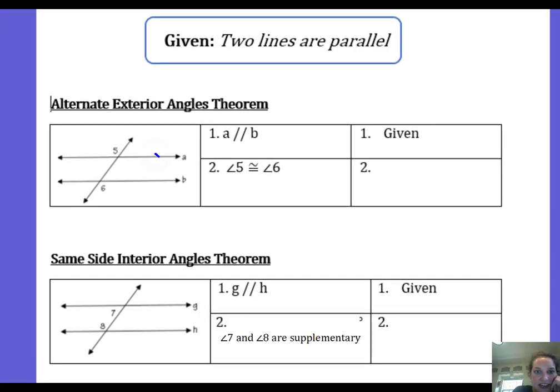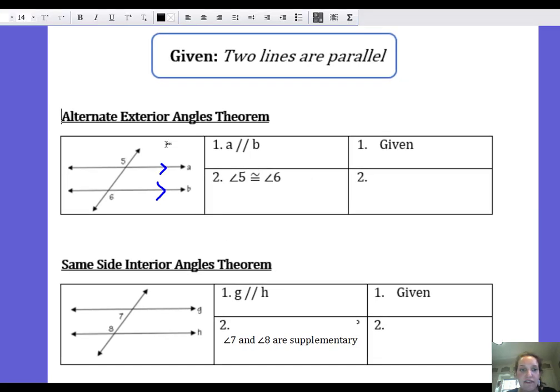Next one. Line A is parallel to line B. That's our given. Then we can look and see, okay, what's the relationship between angle 5 and angle 6? They're alternate exterior angles. Because we know those lines are parallel, we can say that angle 5 and angle 6 are congruent. That is the alternate exterior angles theorem.